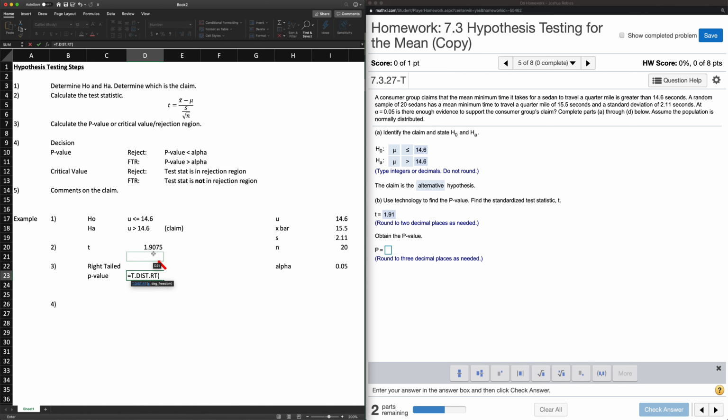The x value we're looking at is the 1.9. The degrees of freedom is the sample size minus 1. So the sample size was 20, minus 1 is 19. Right, our p-value looks pretty small, about 3.5%. We're going to want to round that to 4 decimal places, so 0.036 when we round.